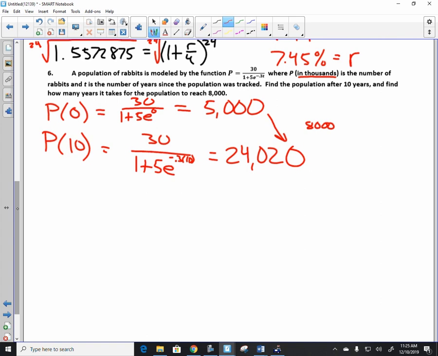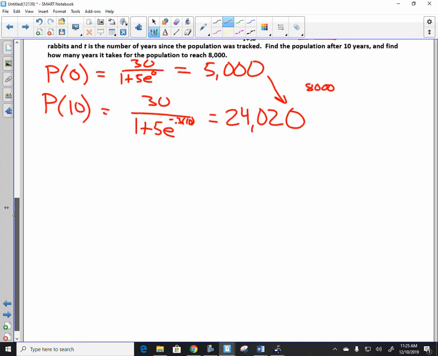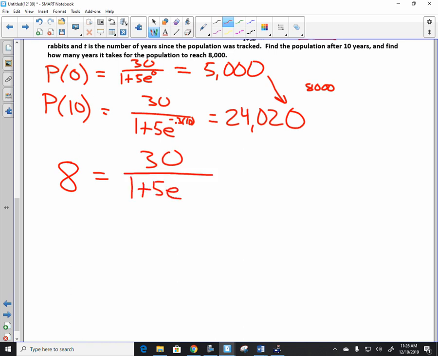Well, find how many years it takes to reach 8,000. So I'm going to use my formula. What do I plug in for P? 8, because we're measuring in thousands. Now I'm going to solve for T. There are a few ways to solve this equation.